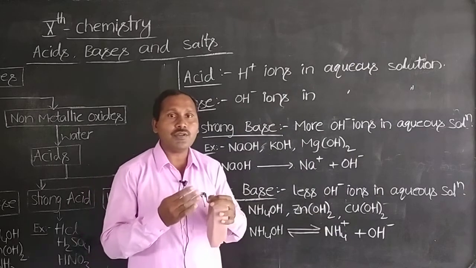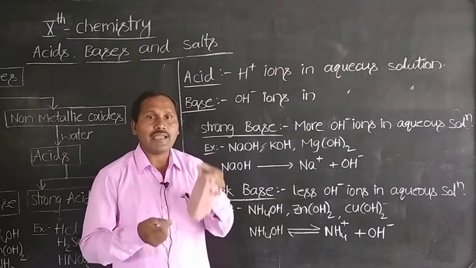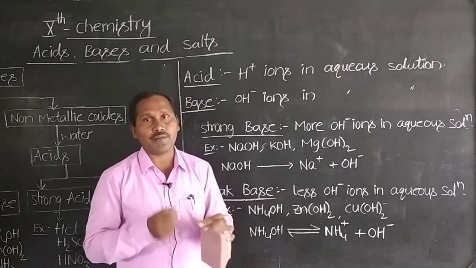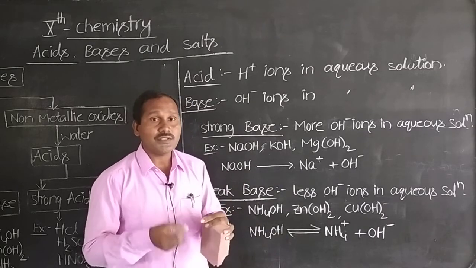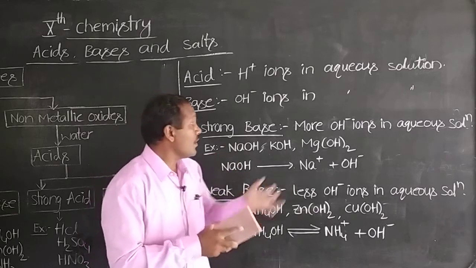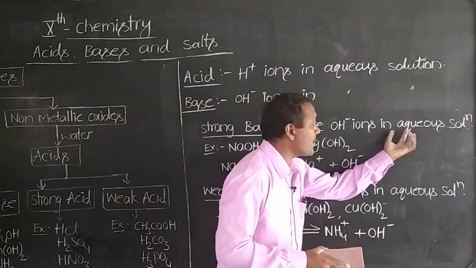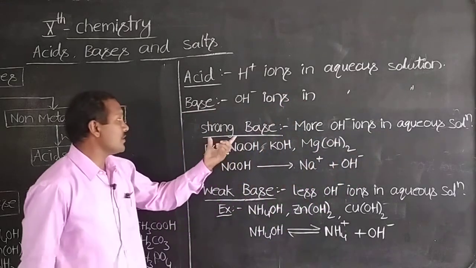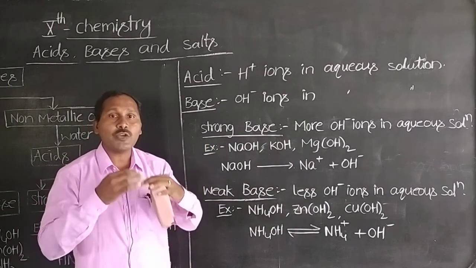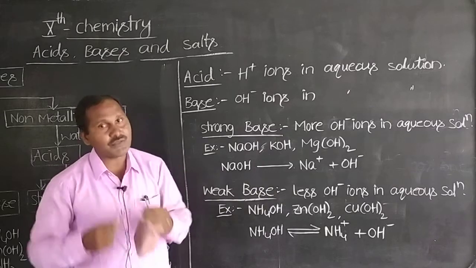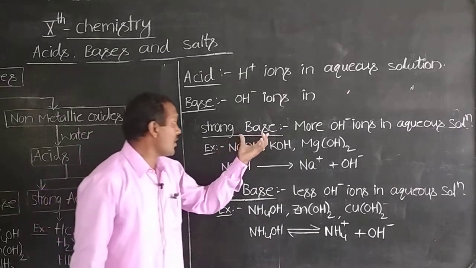Already you know that aqueous solution means any salt dissolved in water. So in aqueous solution more OH minus ions are produced, and that is called a strong base.